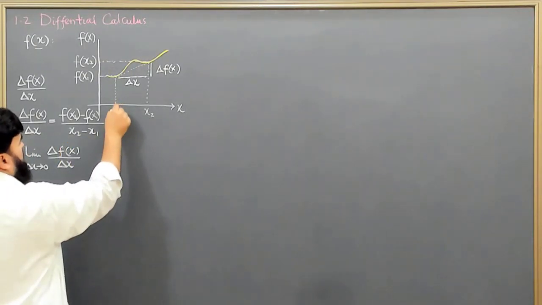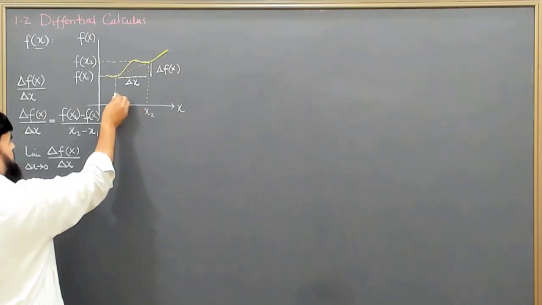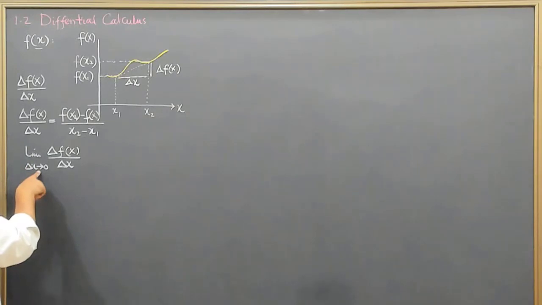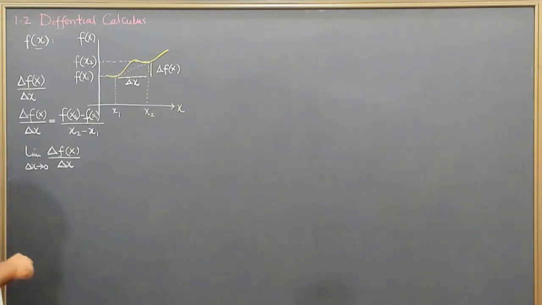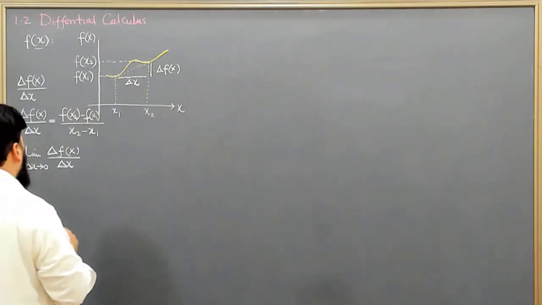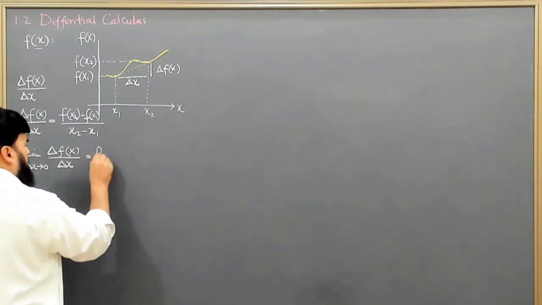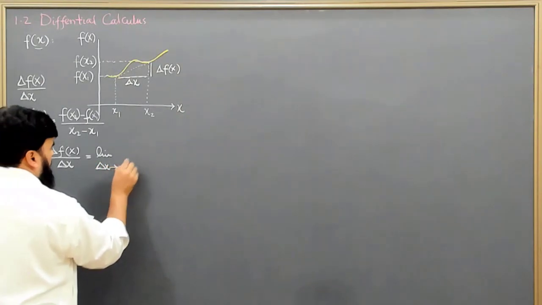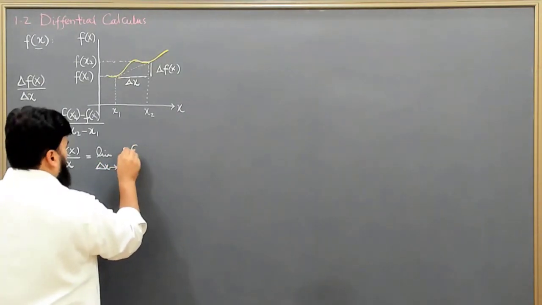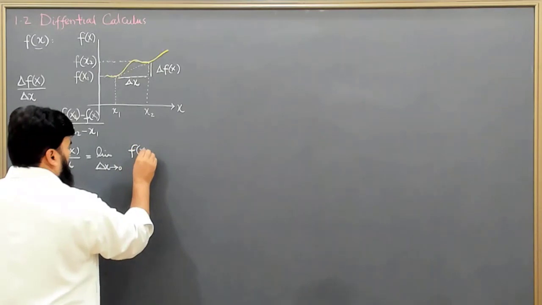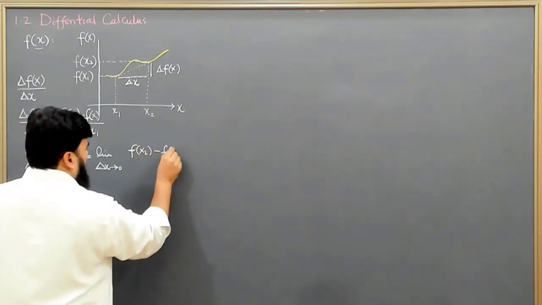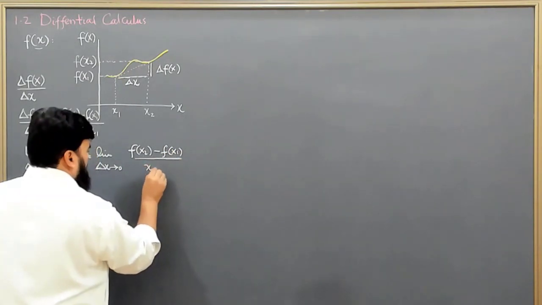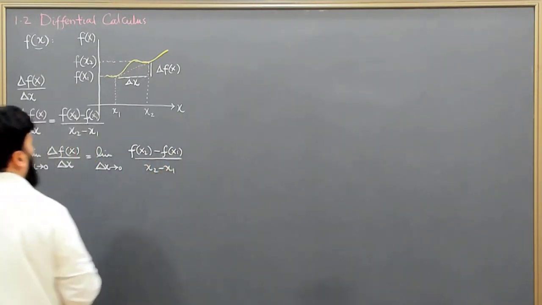So this point will come closer to this one. How close? So close that the difference between them goes to 0, the minimum possible. This is then equal to the limit as delta x goes to 0 of f of x2 minus f of x1 divided by x2 minus x1.